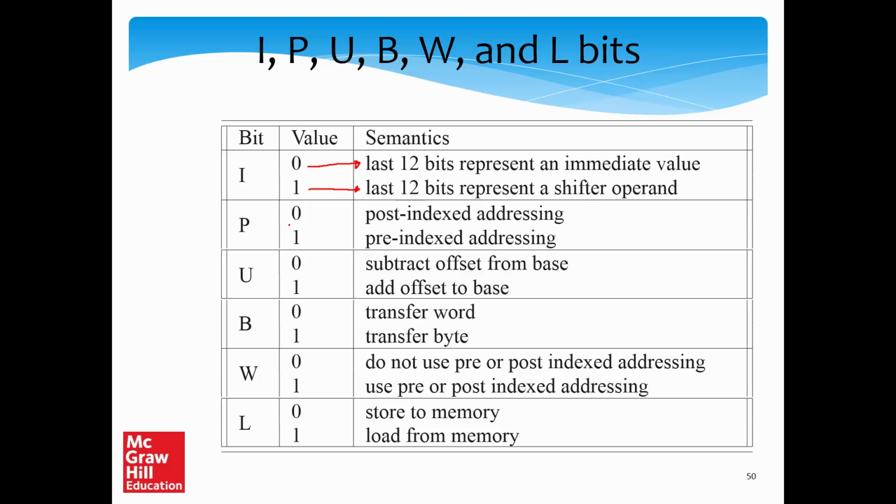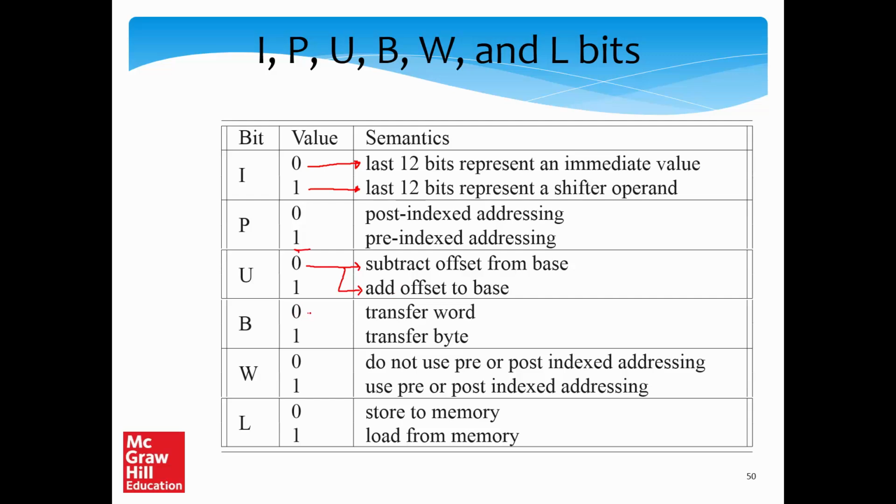So the connotation of the I bit can slightly change. The P bit, if it is 0, represents the post-indexed addressing mode. If it's 1, it represents the pre-indexed addressing mode. The U bit says that if the U bit is 0, we subtract the offset from the base, otherwise we add the offset to the base register.